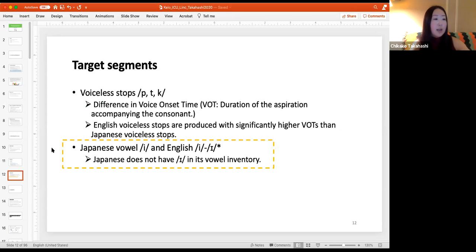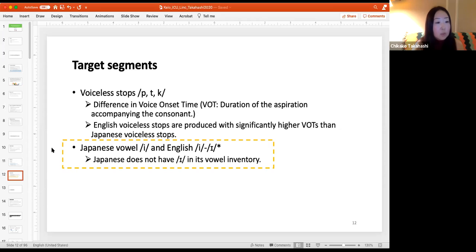We are interested in how learning new phones, L2 phones or phonetic characteristics, interact with speakers' existing L1 phonetic system. To investigate this, I focused on English and Japanese voiced stops and high front vowels. In this talk, I will focus on the vowel results, but if you have time during the Q&A session, I can also discuss a little bit about the VOT results.